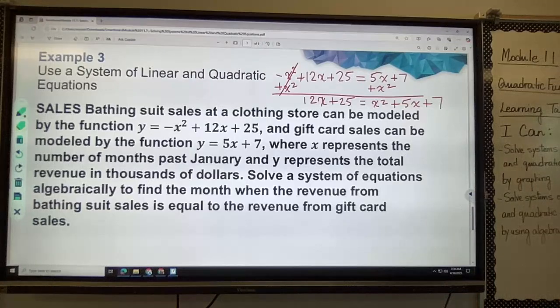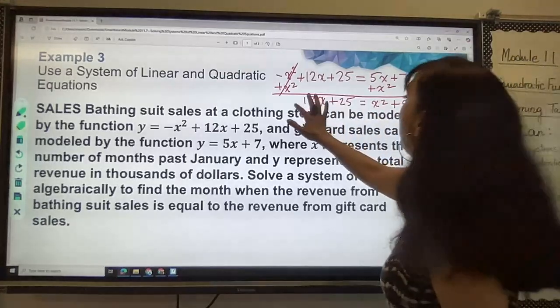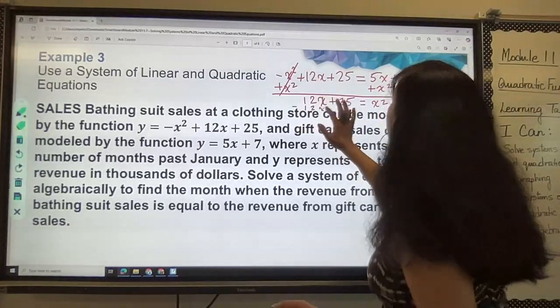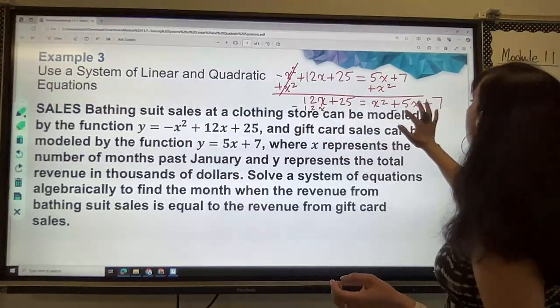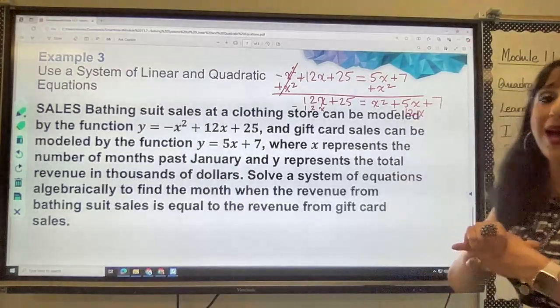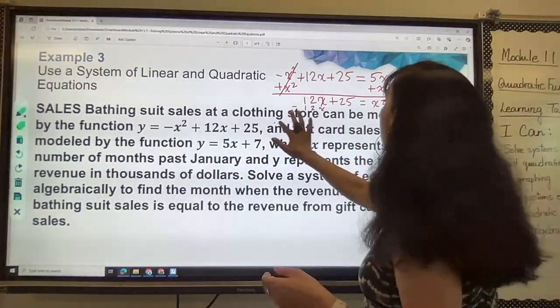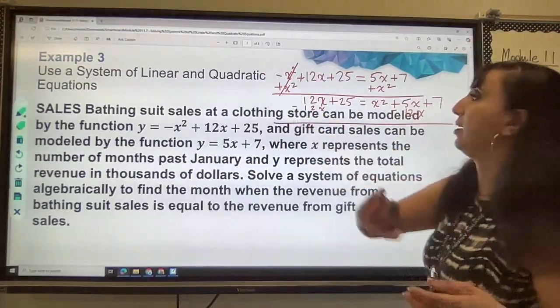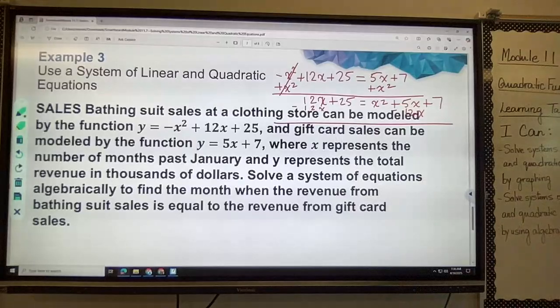All right, and so then next I am going to subtract 12x from each side. So let's see where I can solve this. So this is going to be minus 12x, and I'm going to do minus 12x over here. And so I end up with, let me find some room where I can do this.